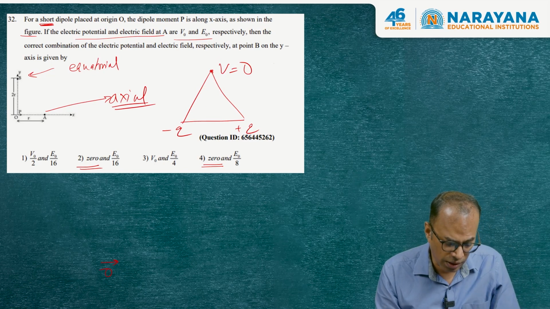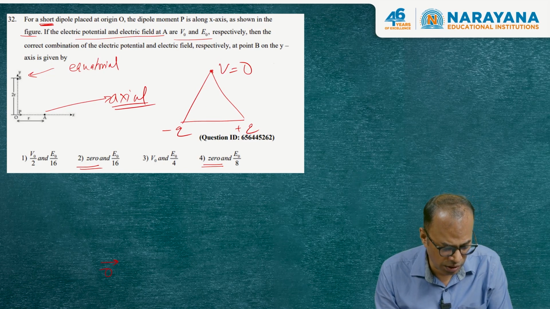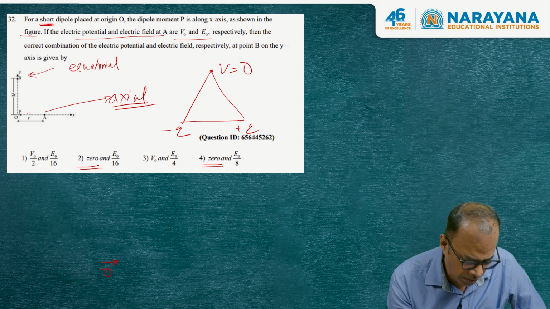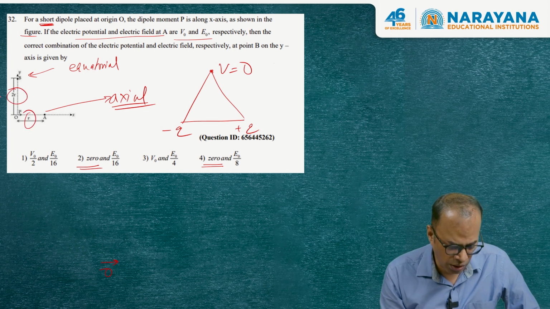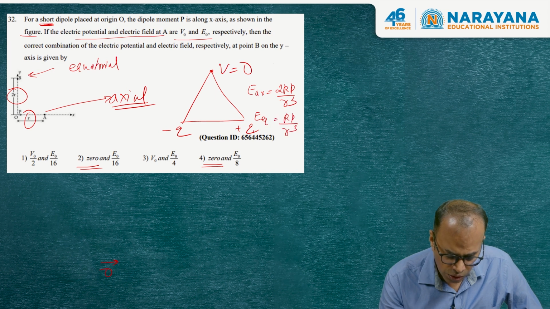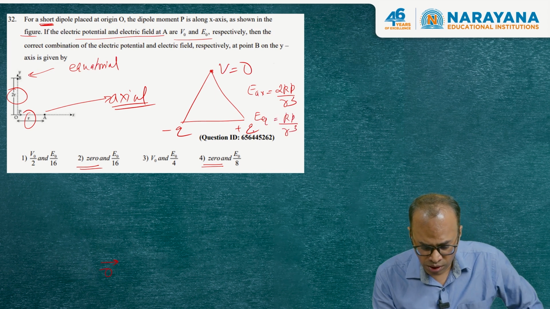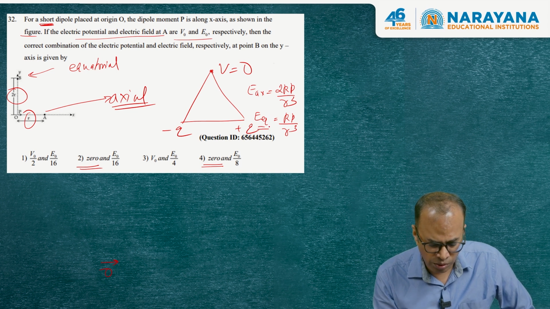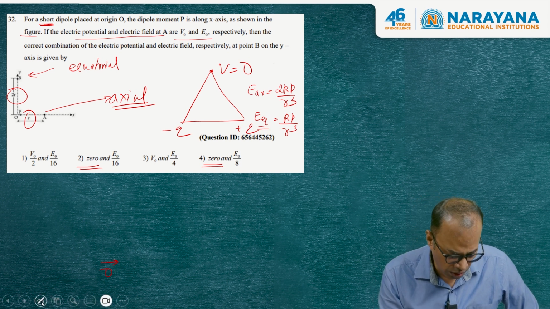Now let's talk about electric field. This is a very nice question. They have set a good trap also. They have given this distance r, this distance 2r. You need to remember that on the axial line field is 2kp by r cube, whereas on the equatorial line field is kp by r cube. So there will be a half factor coming when we move from axial to equatorial.